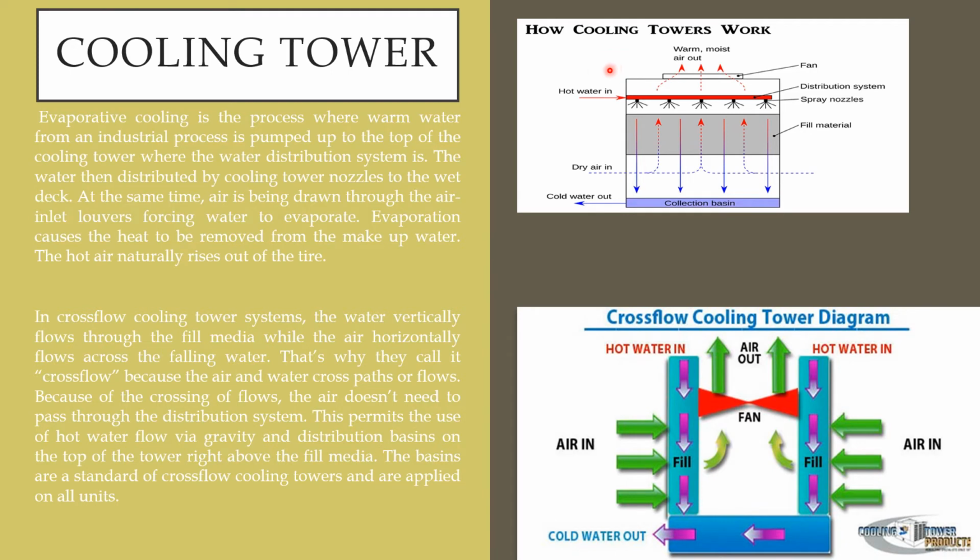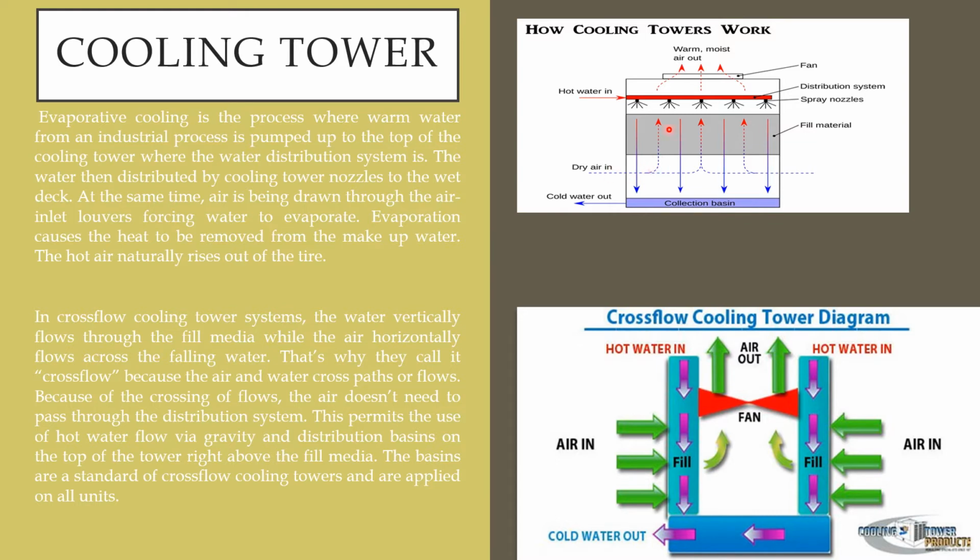This is the schematic diagram of cooling tower working. How the cooling tower is working: hot water is admitted at the top from the hot well through the hot water pump, distributed through the spray nozzle to come out as droplets, and dry air is flowing from the atmosphere, being sucked by means of an induced draft fan.